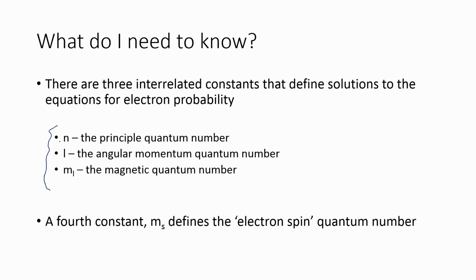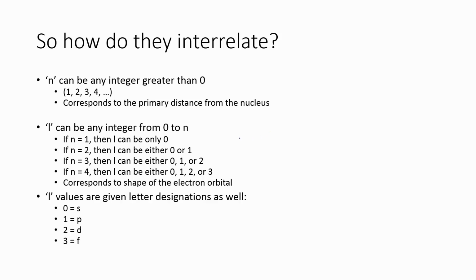So those constants are labeled n, which is the principal quantum number, l, lowercase l here, which is the angular momentum quantum number, m sub l, the magnetic quantum number, and then on top of that you have this fourth constant, m sub s, which defines something called the electron spin quantum number.